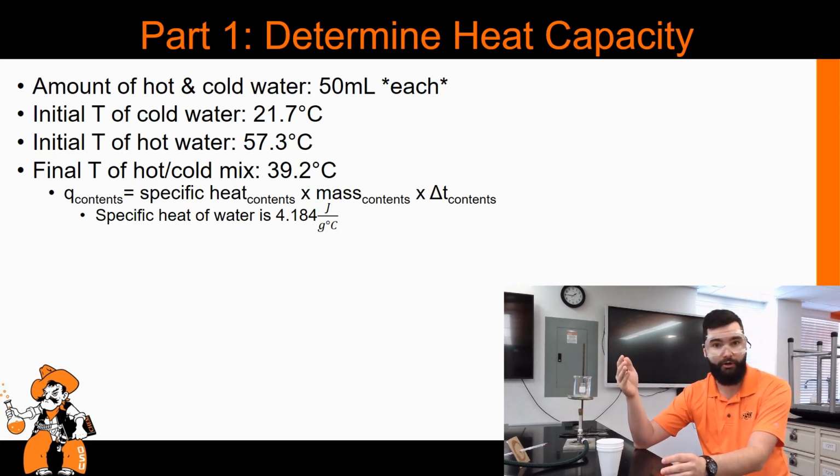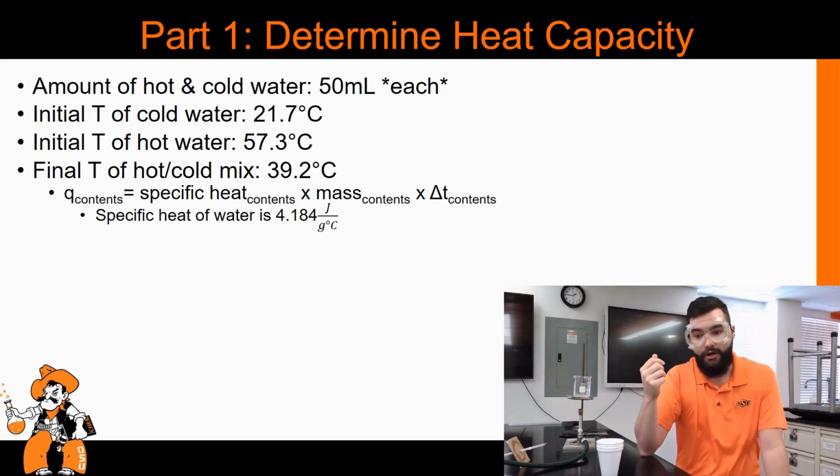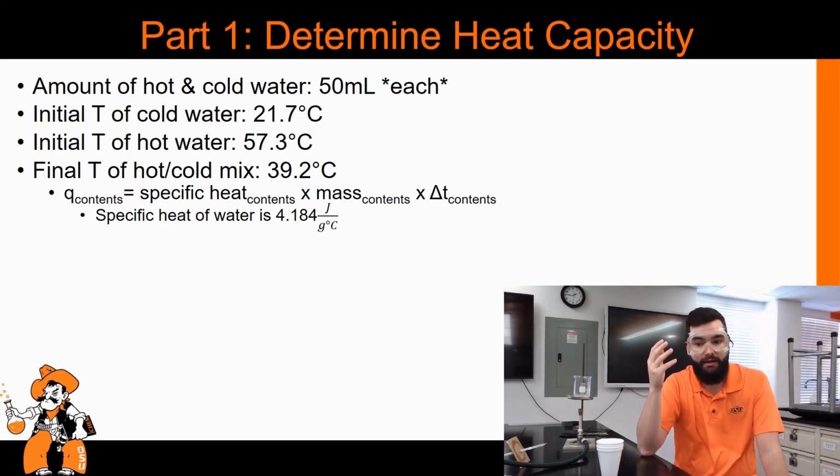It's 1 gram per milliliter, so we used 50 grams of hot water times the temperature change of the contents. Okay, so that temperature change for the hot water is going to be final minus initial. You've got 39.2 minus 57.3. Okay, so this is going to give you a negative number in joules. It's going to be negative 3,000 something joules.